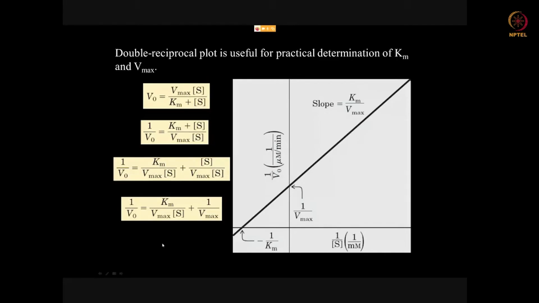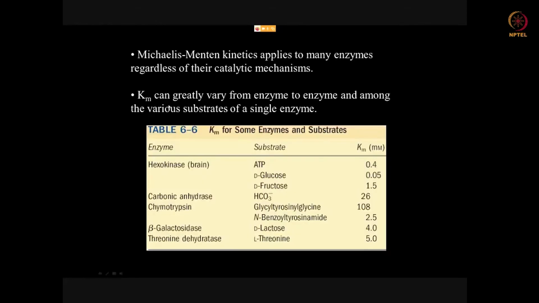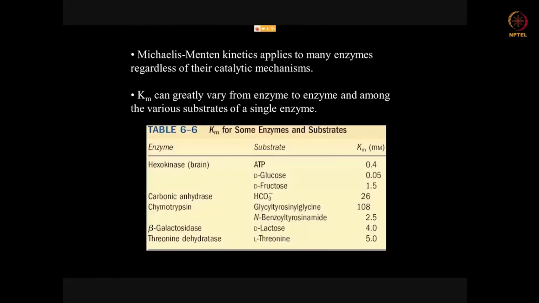So now let us look at what the Km and Vmax can tell about an enzyme. Before going into that, here is one small discussion. Michaelis-Menten kinetics applies to many enzymes regardless of their catalytic mechanisms. That actually is the limitation as well of this steady state kinetics, so I'll tell you in a minute about that.